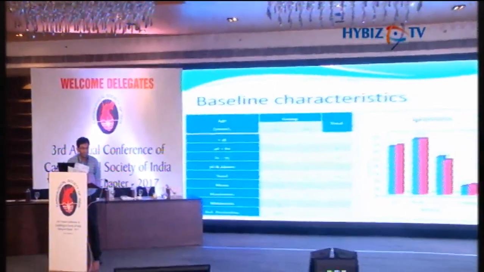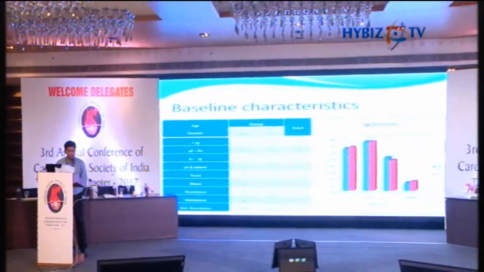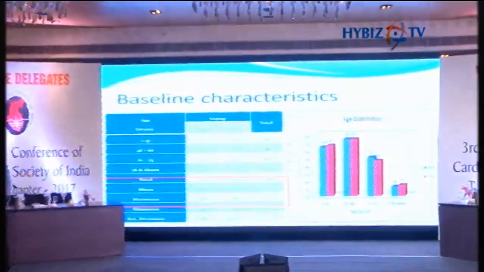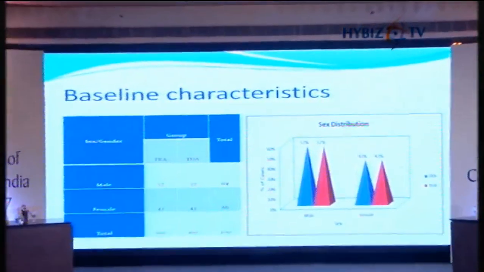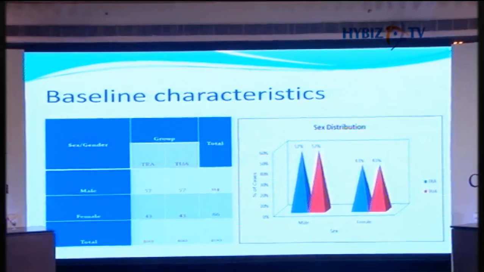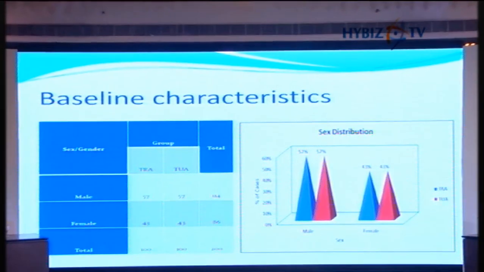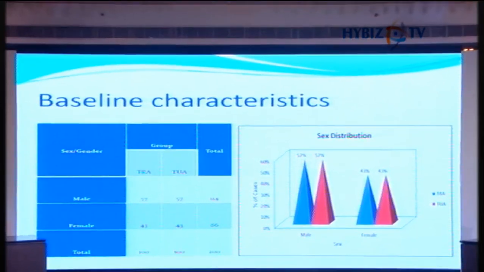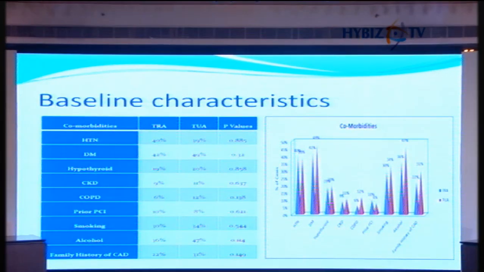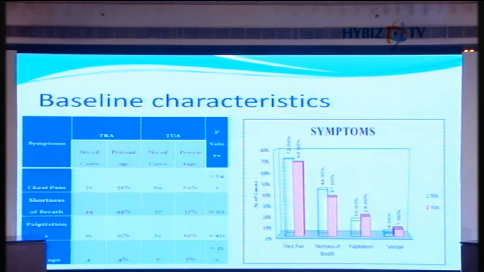So the baseline characteristics: the mean age was around 53 years in both groups. The study included around 43% women in both groups, which is in accordance with the ICMR guidelines of including at least 30% females. The baseline comorbidities were similar in both groups, with not much difference, and reflected everyday practice with the most common risk factors being diabetes and hypertension.